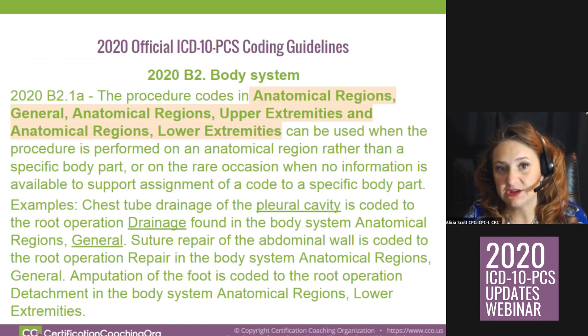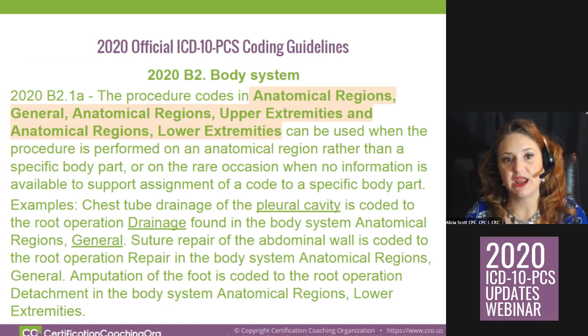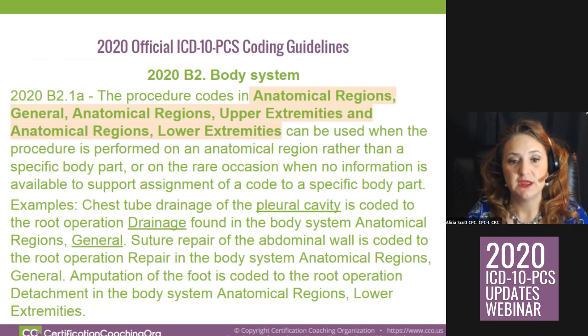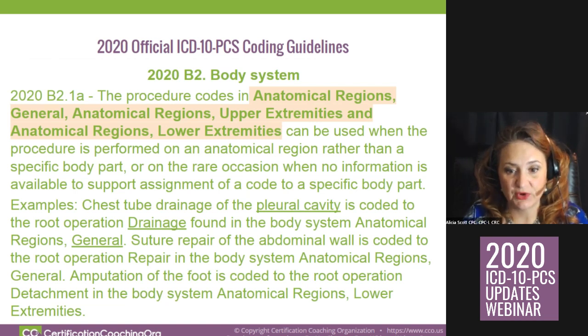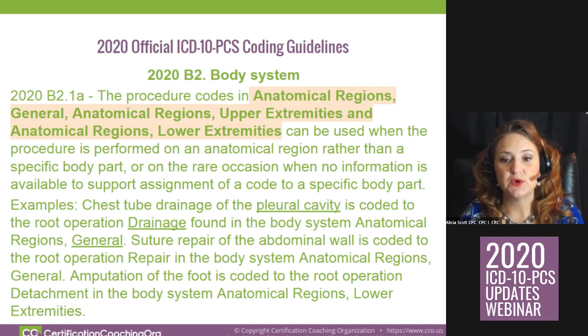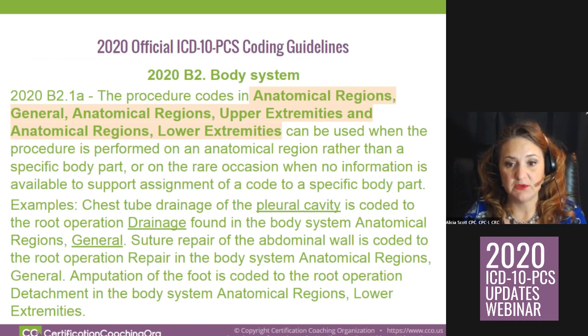The root operation is drainage. What's the outcome? We're draining something, fluid or ascites or blood, whatever we're draining from the pleural cavity. And the anatomical region is going to be classified as general. So if you're repairing the abdominal wall, doing sutures and everything, that's still repair, but the anatomical region will be general.